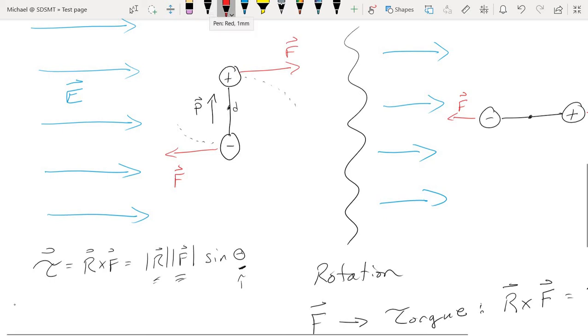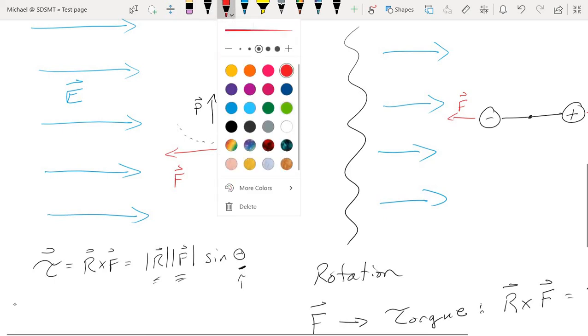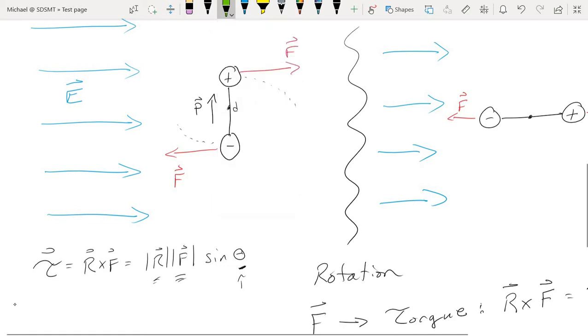The radial vector is very easy to find. We just start at the pivot point, which is right in the middle of the dipole, and draw a line that goes out to the point where our force has been applied.